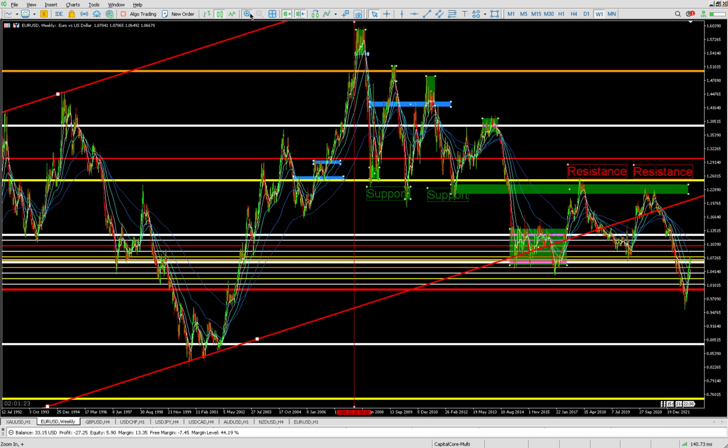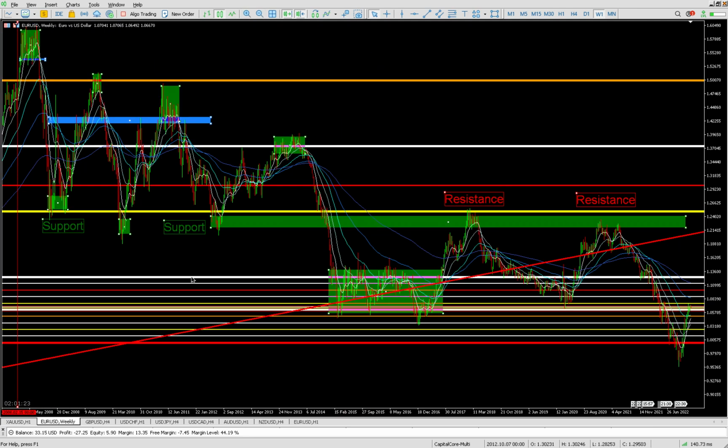We broke this at the beginning of the video. I drew this monthly trend line, and we kind of punctured it here, and came up and rejected off of there, and punctured it again and came up, rejected again, and now boom, we made this serious move down to this biggest key level of all, the 1.0.